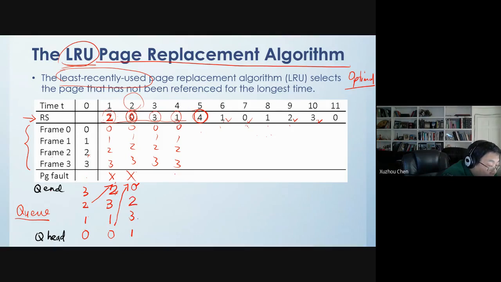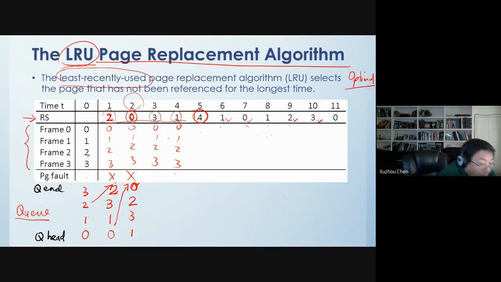So in that queue, 0 is at the tail. So when the next page is coming, and if there's a page fault, then the page that will be replaced is not 0 anymore, because 0 was recently referenced and recently used.